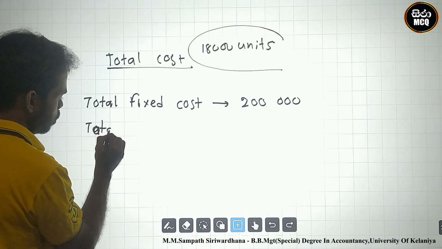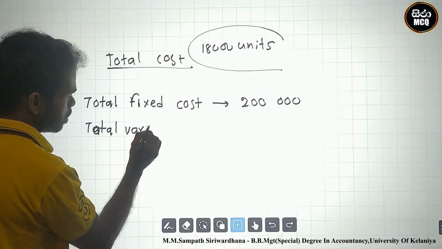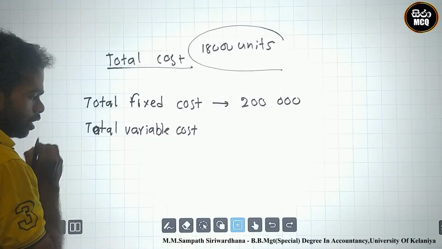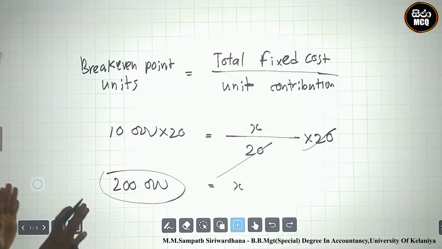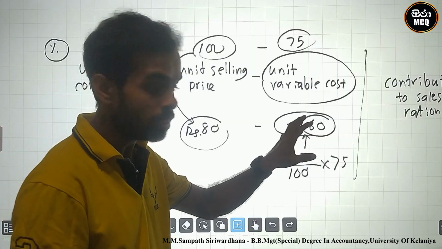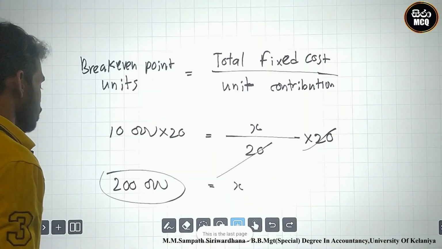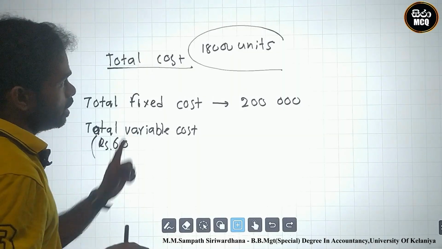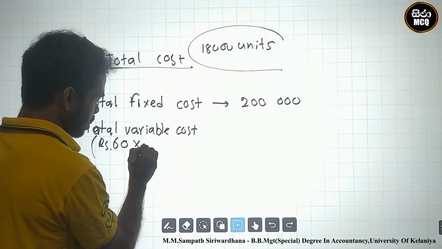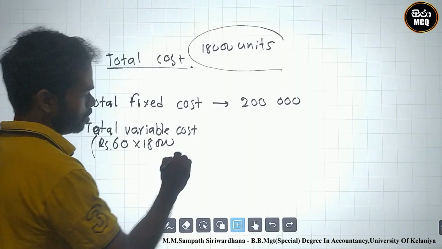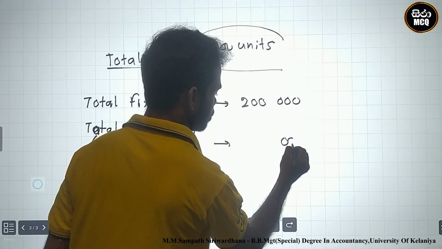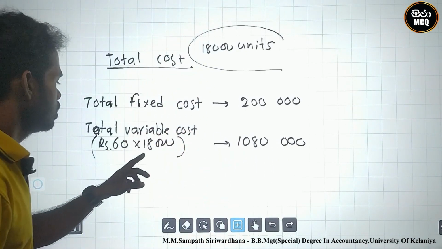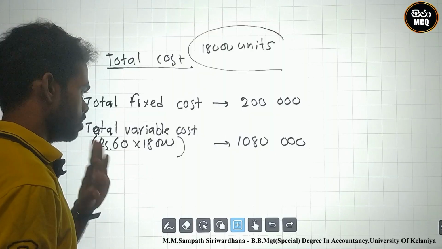Unit variable cost was already calculated, 60 rupees per unit, for 18,000 units now. Therefore I multiply by 18,000.